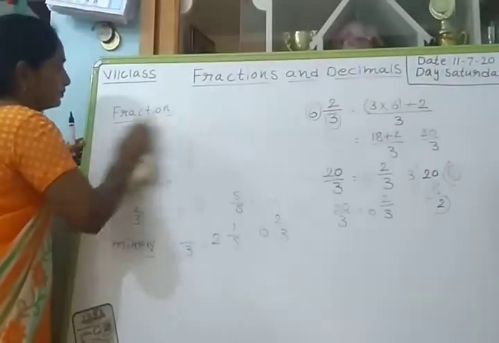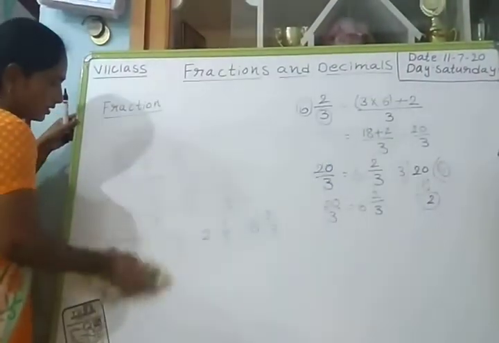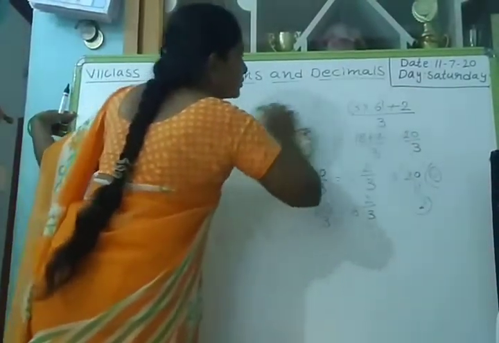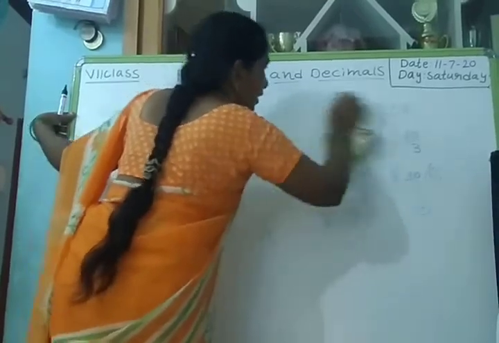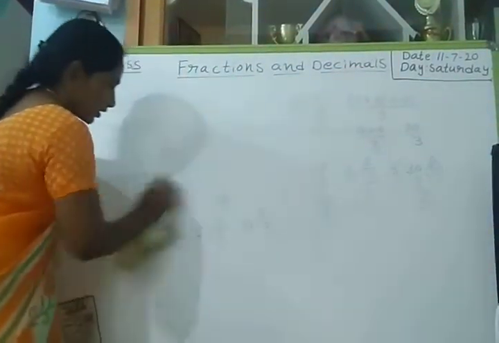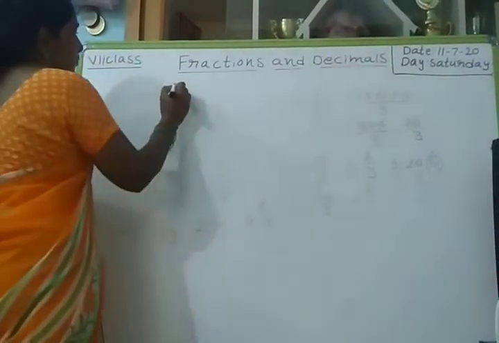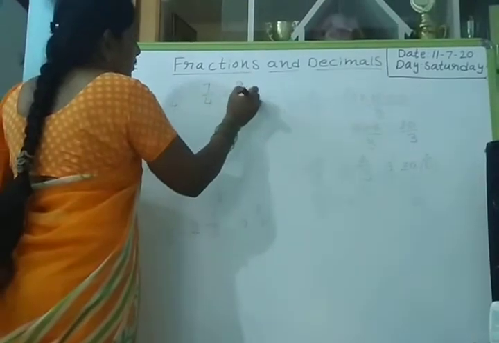Next, like fractions. Which are called like fractions, children? Fractions whose denominators are the same are called like fractions. Some examples: 3 by 4, 7 by 4, 8 by 4.